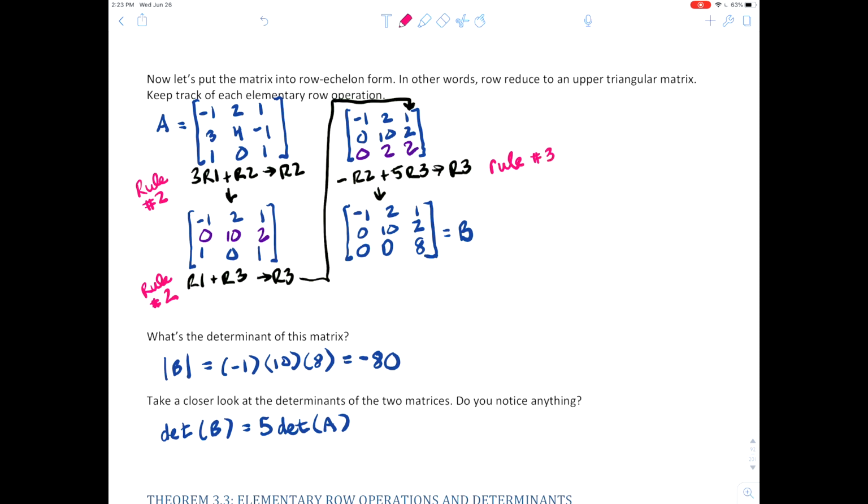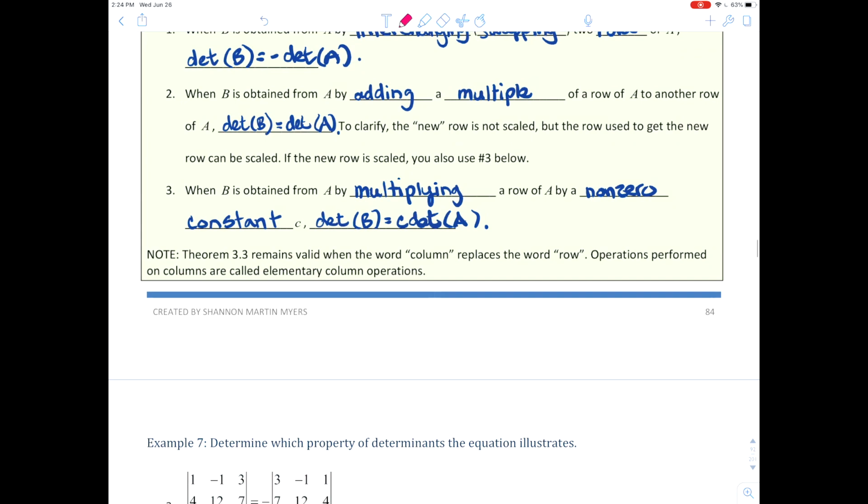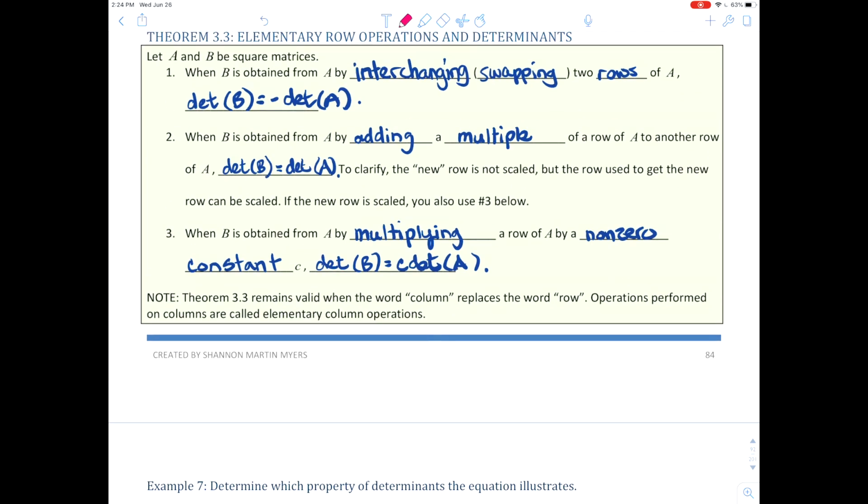And that is why the determinant of B is equal to that constant 5 times the determinant of A. Pretty groovy, huh? Now, think about this. If you're using a determinant in coding, if you want to reduce the number of operations so your program runs more smoothly, then it's worth it to row reduce the matrix a bit beforehand.